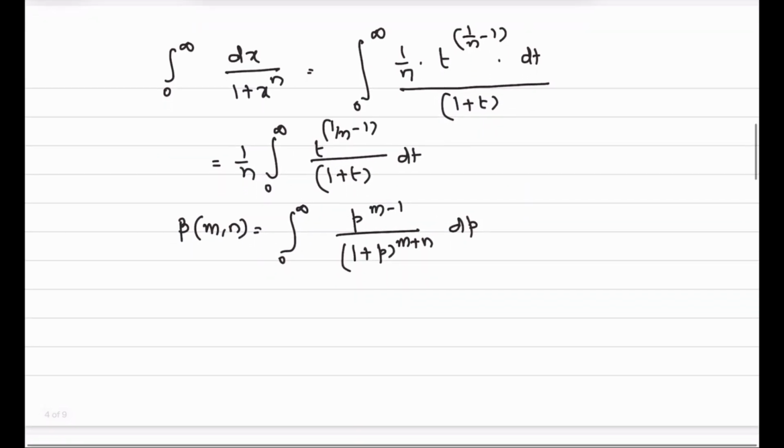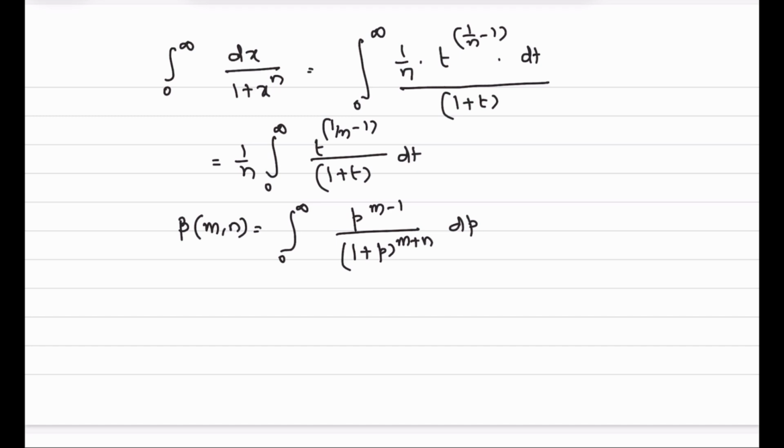Now, you compare 1 plus t with 1 plus p.